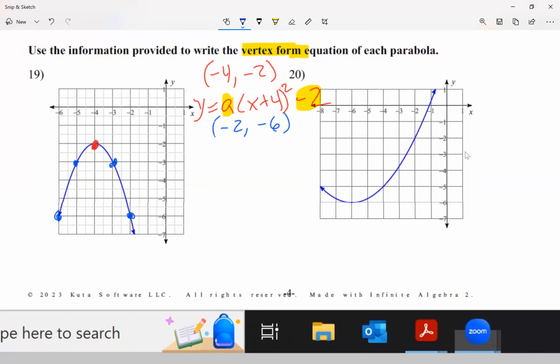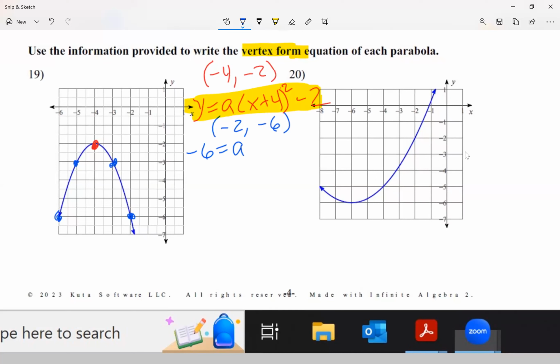All right, so the equation, let me highlight what I mean. I'm going to use that equation. Instead of x, I'm going to use -2. Instead of y, I'm going to write -6. So let me write -6, because that's the y value, equals a. Again, I don't know the aperture.